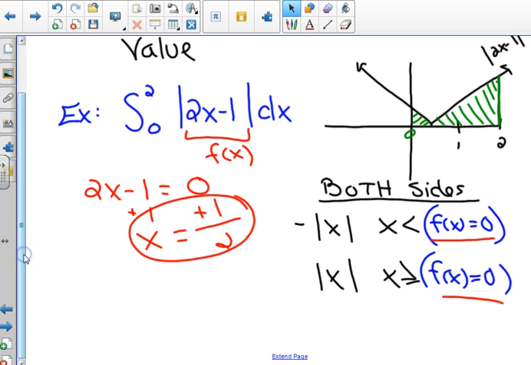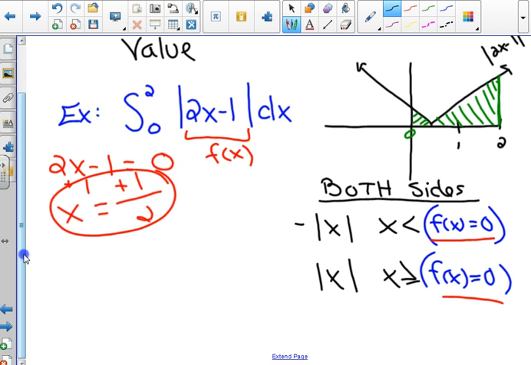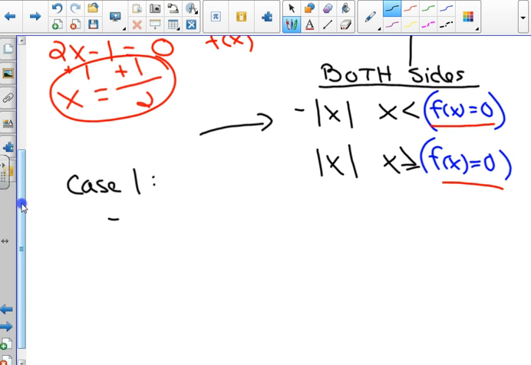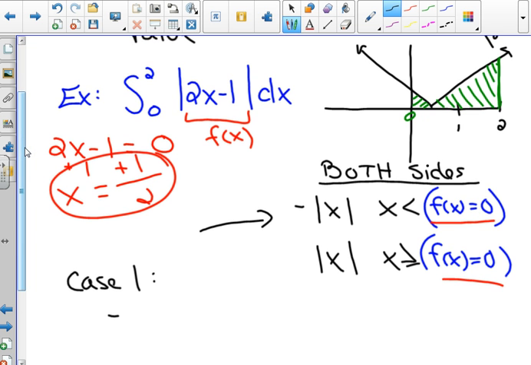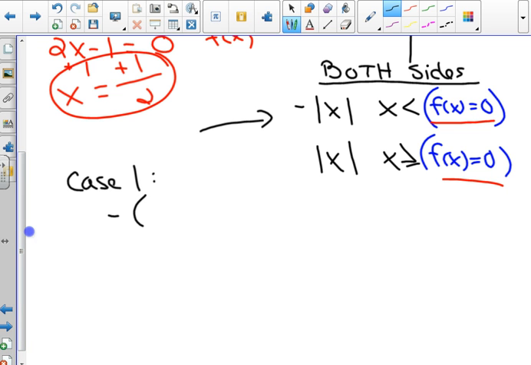Okay, now that we figured out that this will make f of x equal to 0, we're going to do our 2 cases. Case 1: we're going to use this right here for the first part. So we're going to negate whatever the absolute value of x is. We're going to negate this whole thing. So negative 2x.